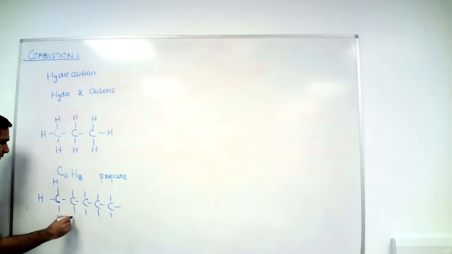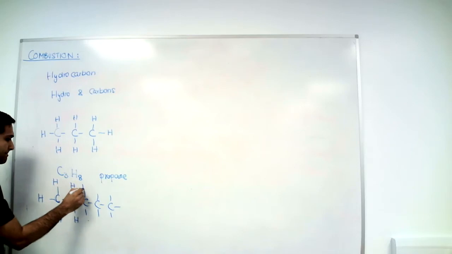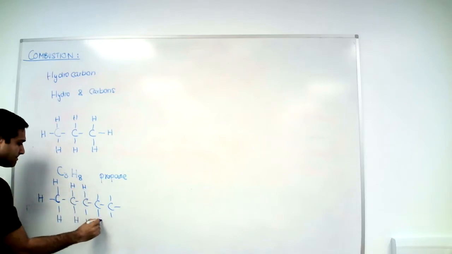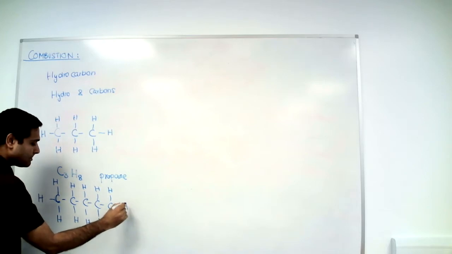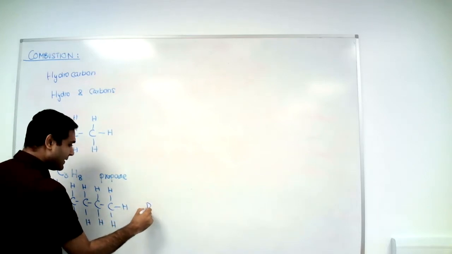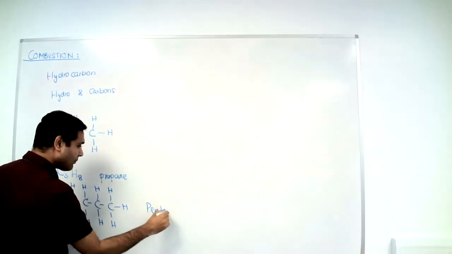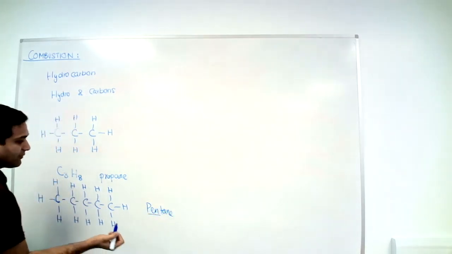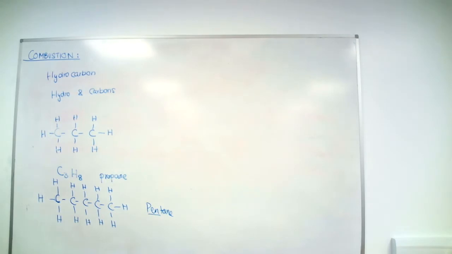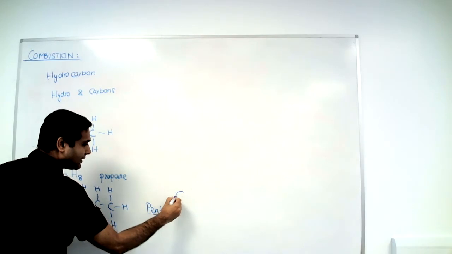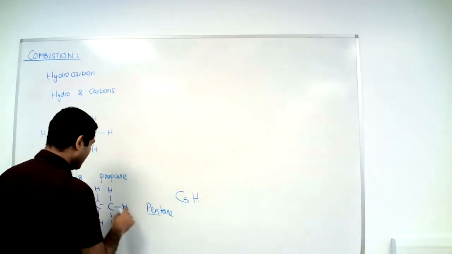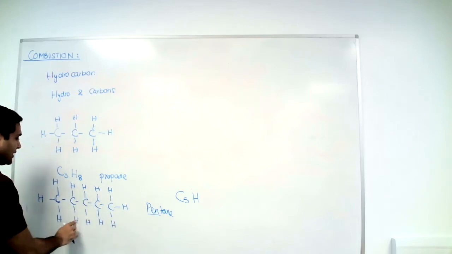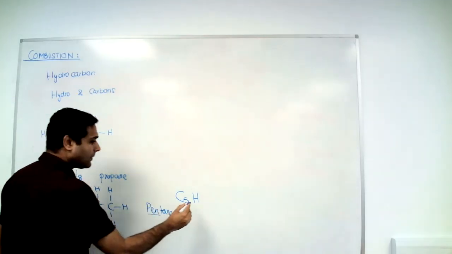This is the formula for pentane, where penta means 5 and ane means single bond. If I rewrite that, pentane is C5, how many H? 1, 2, 3, 4, 5, 6, 7, 8, 9, 10, 11, 12. So C5H12.